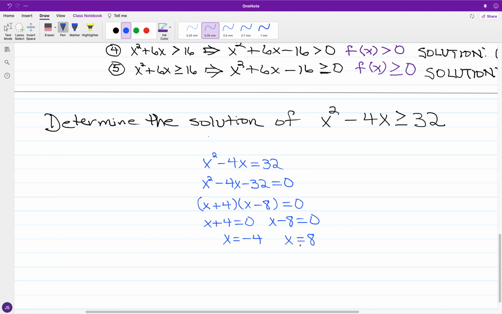Okay, so in terms of setting things up in the table, we have f of x is equal to x squared minus 4x minus 32.